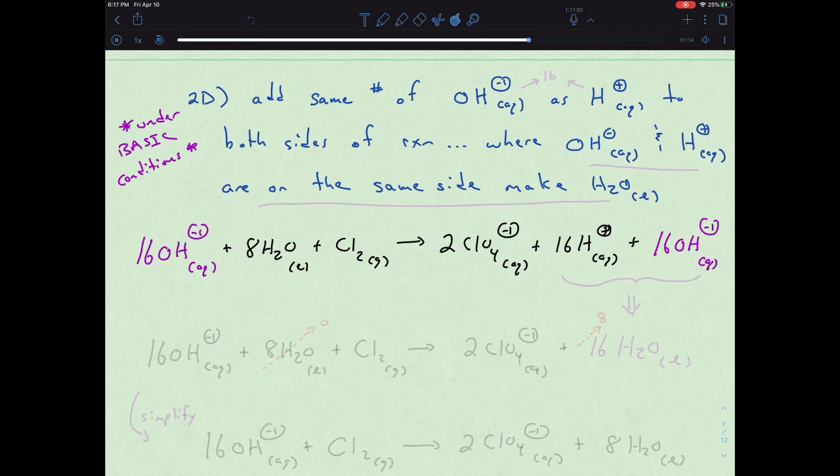So there we've done the first part of that statement. We add the same number of hydroxides as protons. That same number of hydroxides here as protons would be 16. And that's just coming from the prior step. And so that's why we added 16 hydroxides to either side.